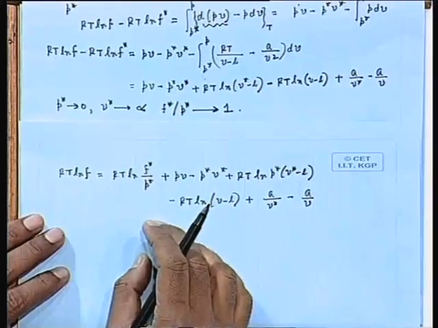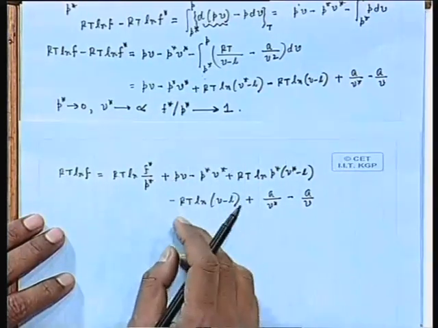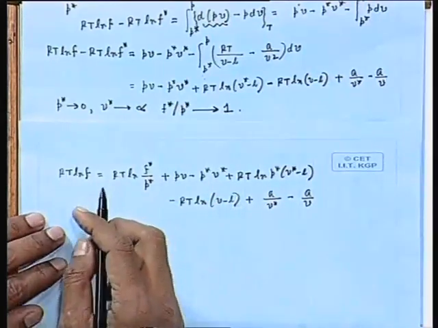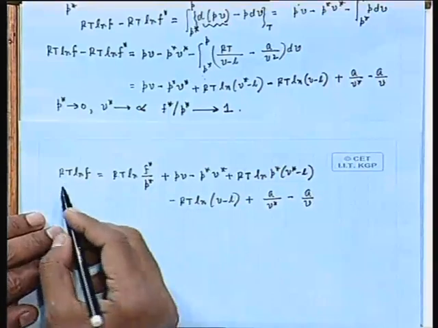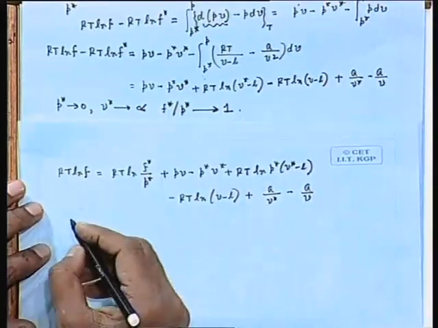Now our next task will be like this. We will just divide RT from both sides.